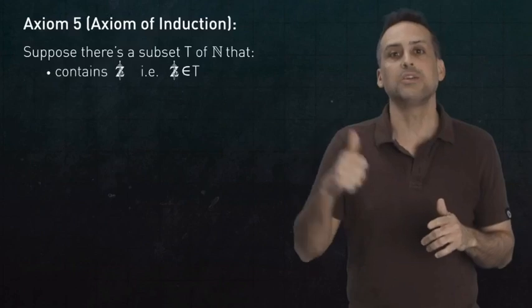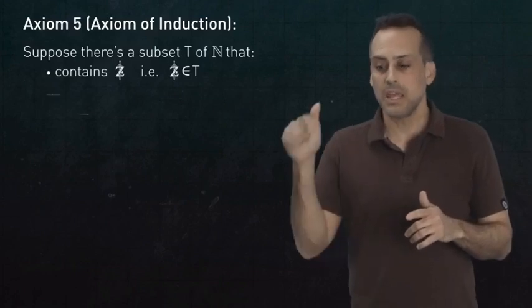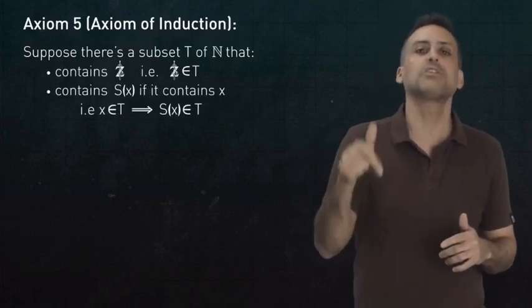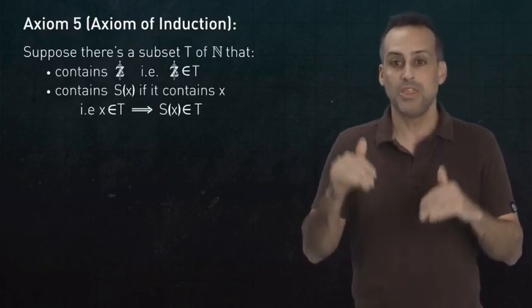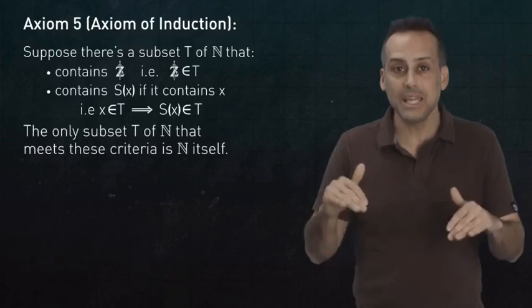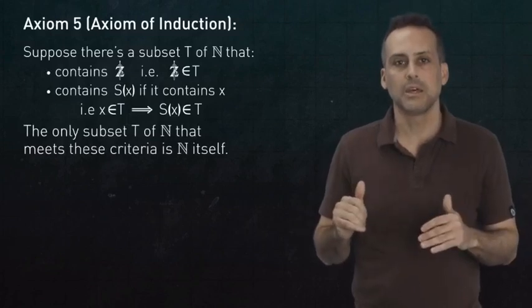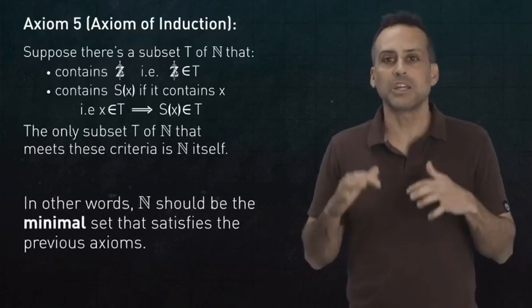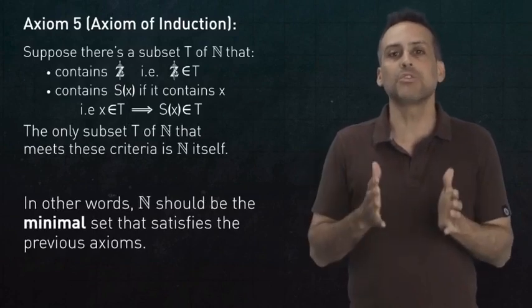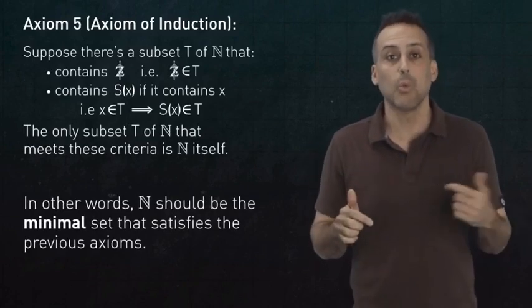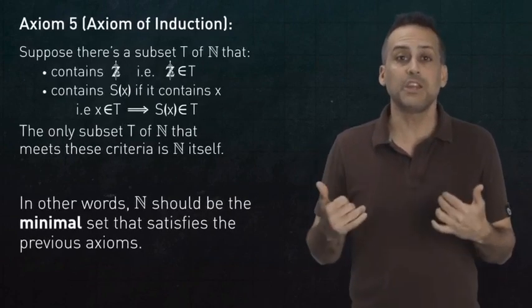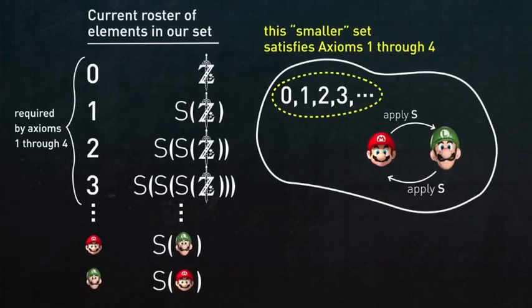First, that Zelda is in T, and second, that if x is in T, then S of x is also in T. Then, by declaration, T is the set N. In other words, axiom 5 declares N to be the minimal set that will satisfy axioms 1 through 4. Now, since the infinite chain we already have fits that bill, by axiom 5, that set is N. We are done. And adjoining Mario and Luigi along with their weird S loop would give you something different from N.